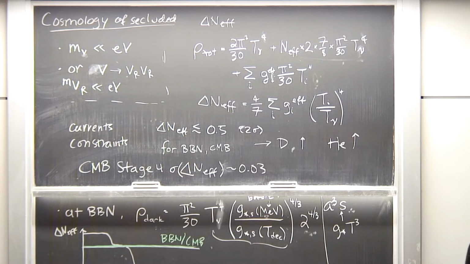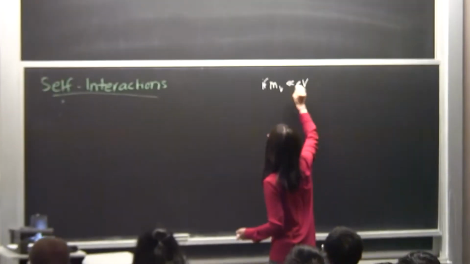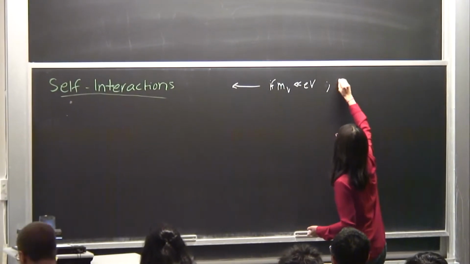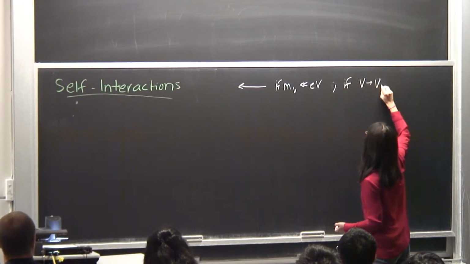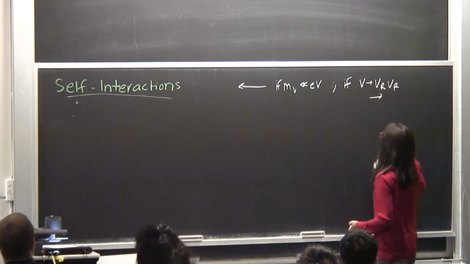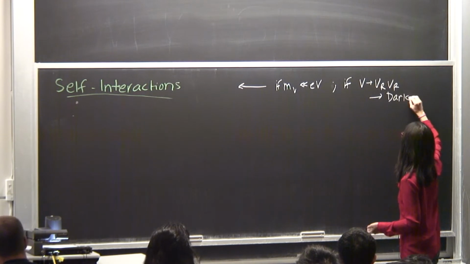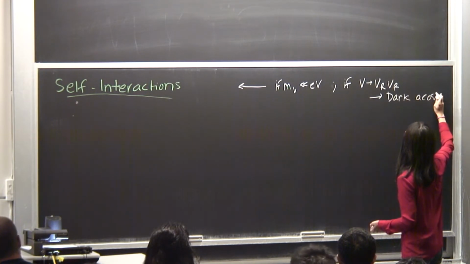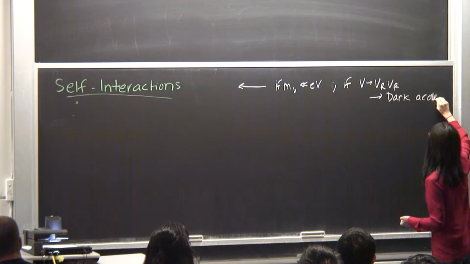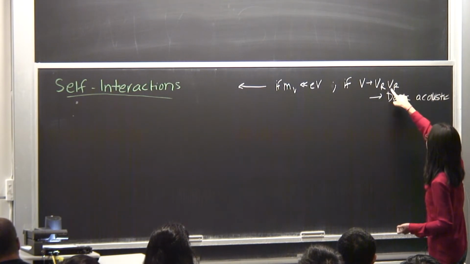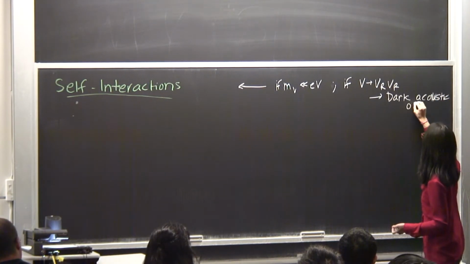What happens if the mediator is heavy and is not decaying? That's our overclosing the universe constraint if the mediator is heavy. Okay, so just to summarize, if the mediator mass is less than an eV, we care about self-interactions. If it decays to dark radiation, you can have other interesting effects in the CMB, things like dark acoustic oscillations and so on, but I'm not going to talk about that because you have potential scattering between the dark sector and this radiation.